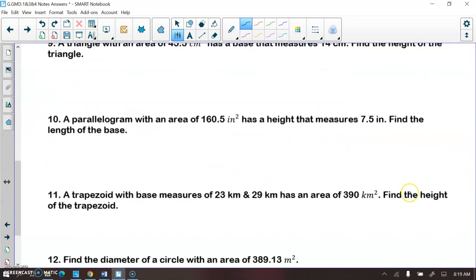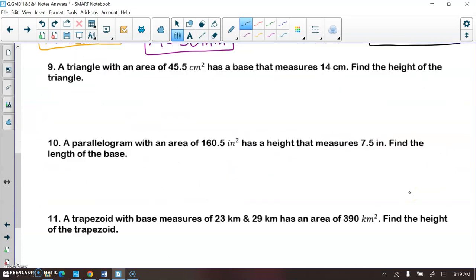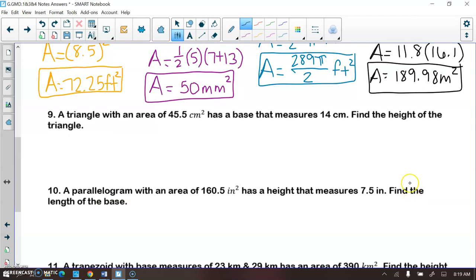All right, so now we got a couple of word problems here. A triangle with an area of 45.5 centimeters squared has a base that measures 14 centimeters. We want to find the height. So my area formula for a triangle is 1/2 base times height. I'm going to fill in all my numbers here. So my area is 45.5. My base is 14.